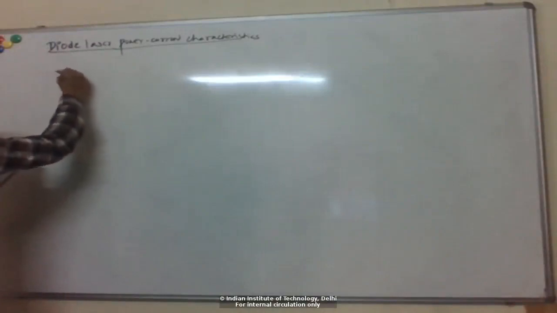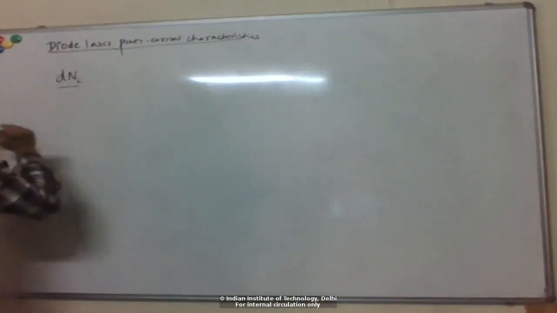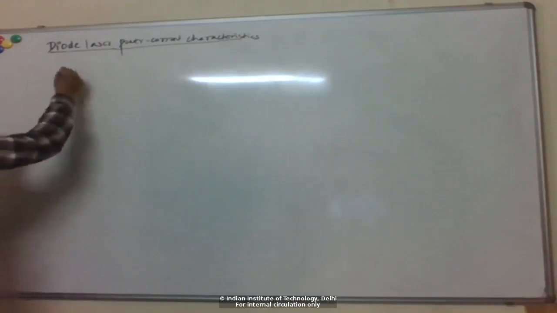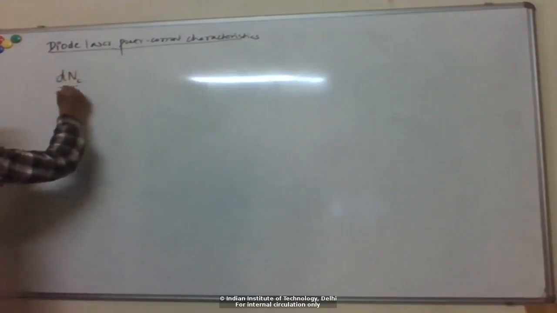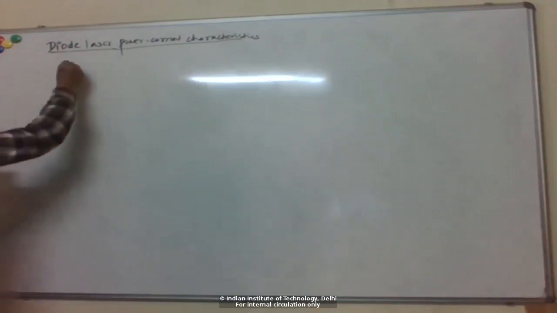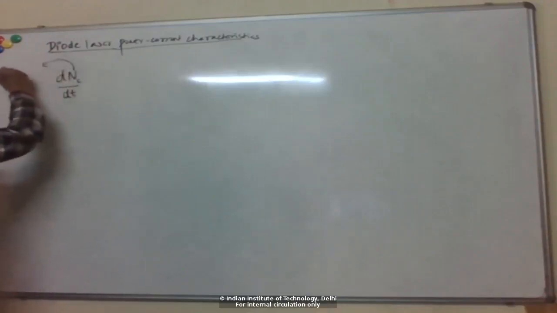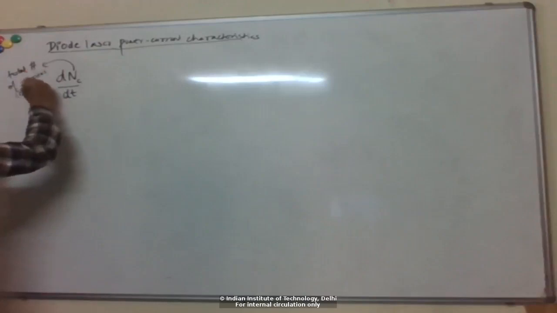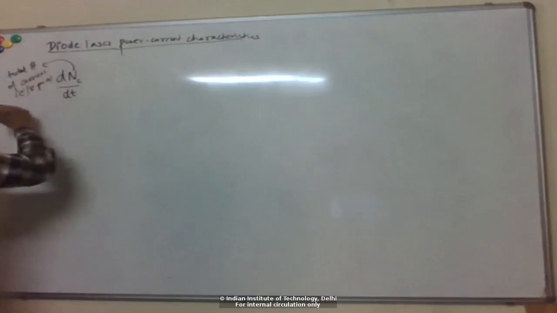So we'll have two rate equations. One is for the carrier concentration. N sub C is the carrier concentration, or the total number of carriers or electron hole pairs in the active region.